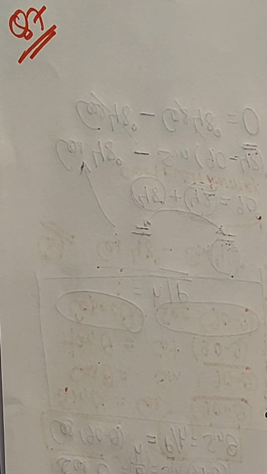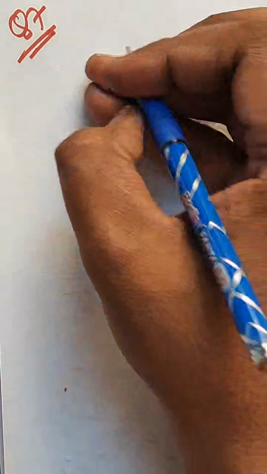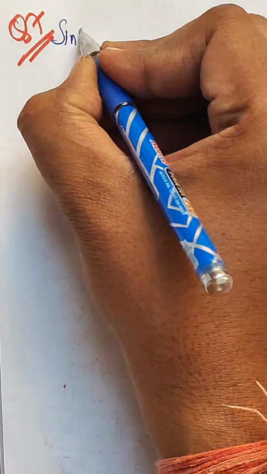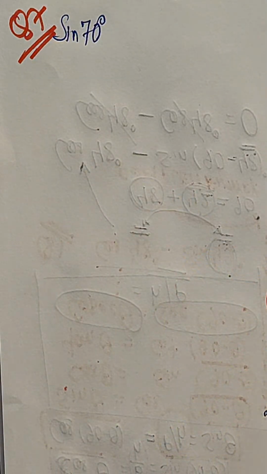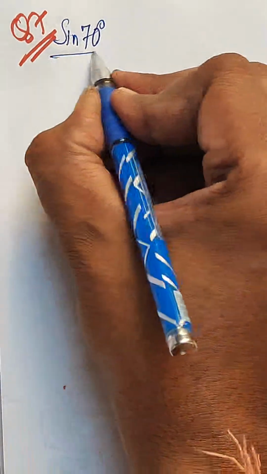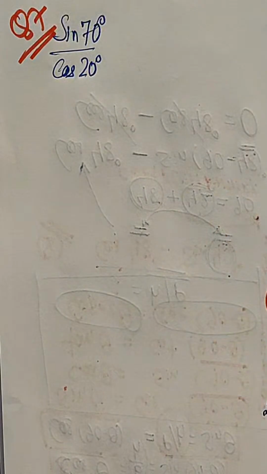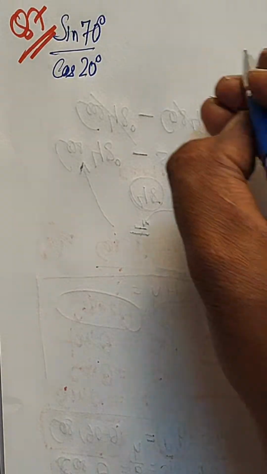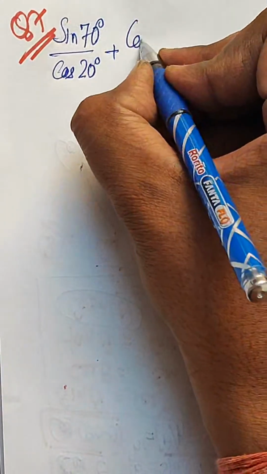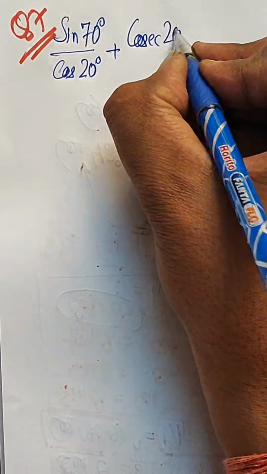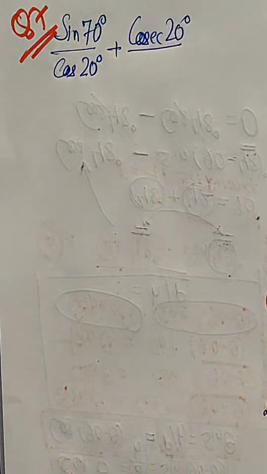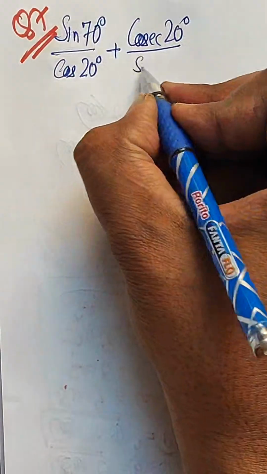It's given that sine 70 degree by cos 20 degree plus cosec 20 degree by sec 70 degree.